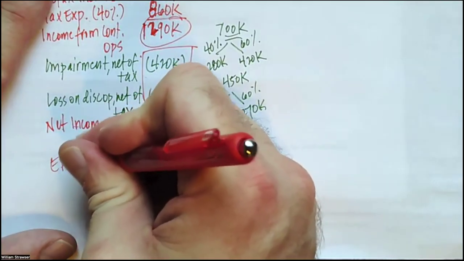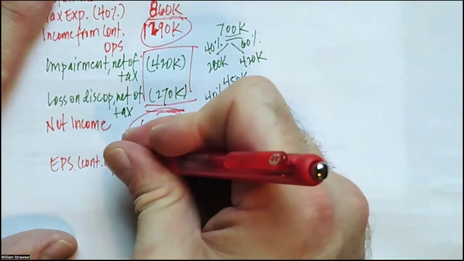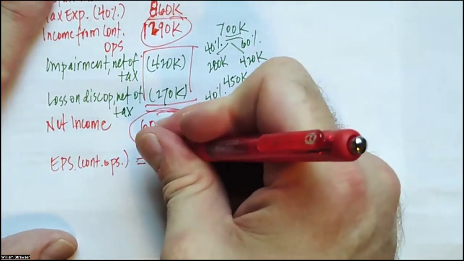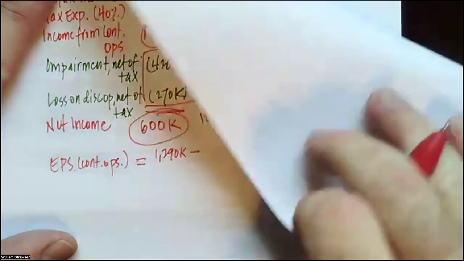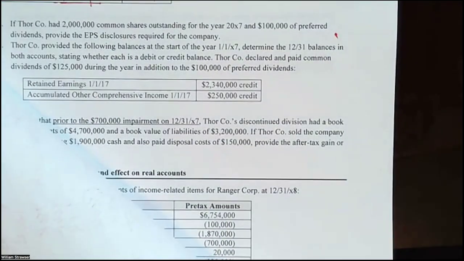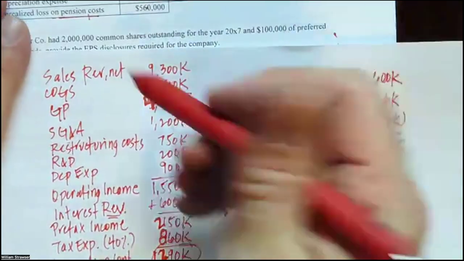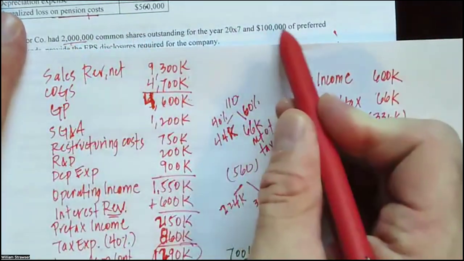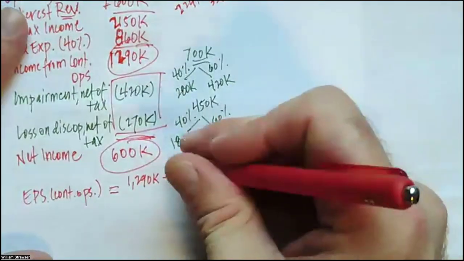So I'll just say continuing ops EPS is equal to 1,290,000 less the preferred dividends, which were $100,000. We're also going to need the weighted average common shares outstanding, which is 2 million. So we have those two pieces of information, which are vital.